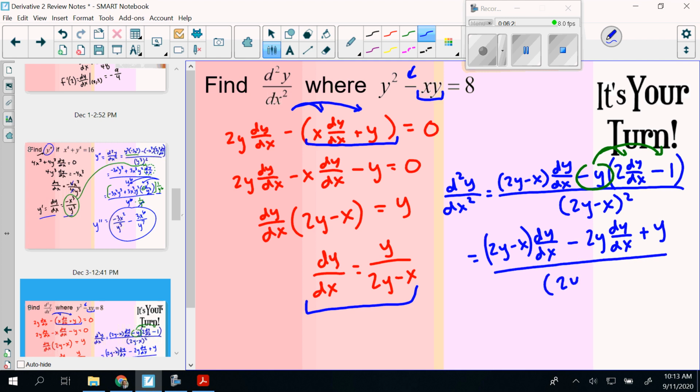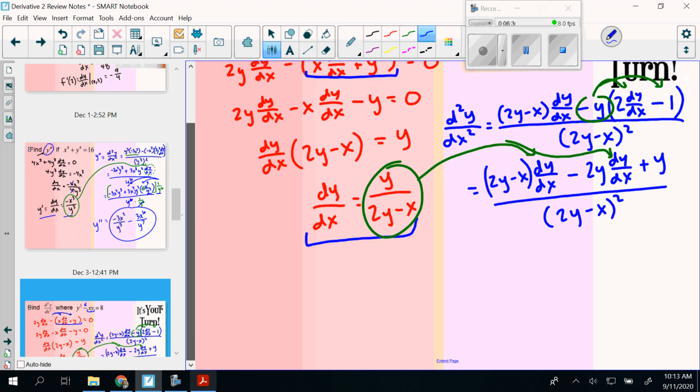All right, now we've got to get rid of those dy/dx's. So we're going to take our first derivative and substitute it in for both of these, so that we don't have our first derivative as part of our second derivative.